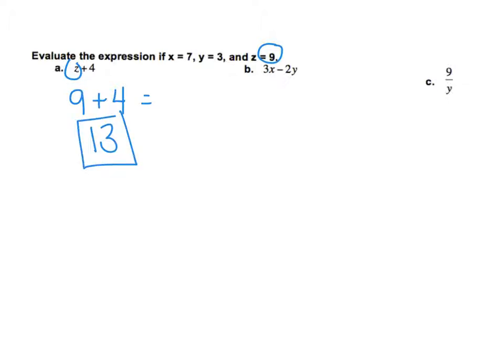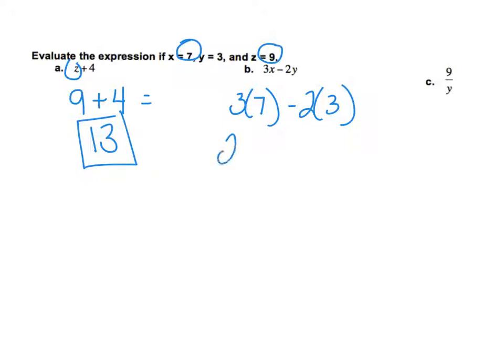Our next one, again, when you've got a number right next to the variable, it means to multiply. So I'm going to replace my x with 7. So I have 3 times 7 minus 2 times y, and right next to it, meaning multiply, so 2 times 3.